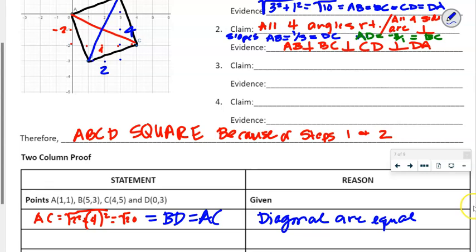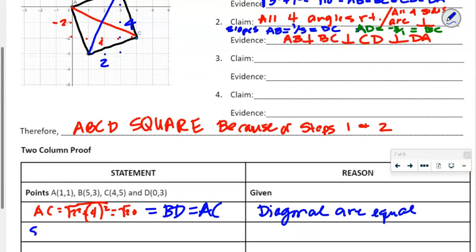So now we got to look at the slopes. So let's look at the slope of AC. When we look at the slope of AC, we're going down 2 over 4. So what is that equal to, y'all? Negative 1/2, right? And then we're going to look at the slope of BD.